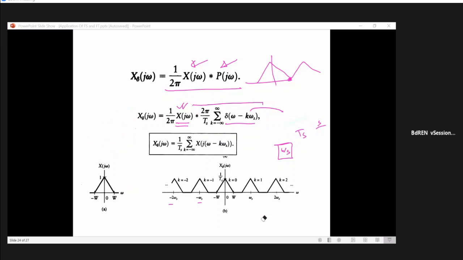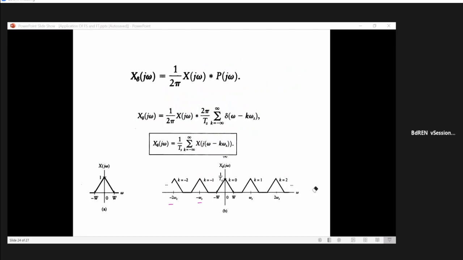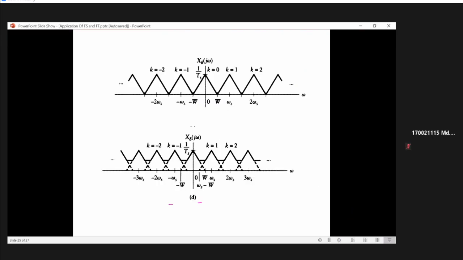Twice W, and twice W means twice the bandwidth of your signal, then the two spectra will overlap, isn't it? Yes, sir. So this is your limiting case.